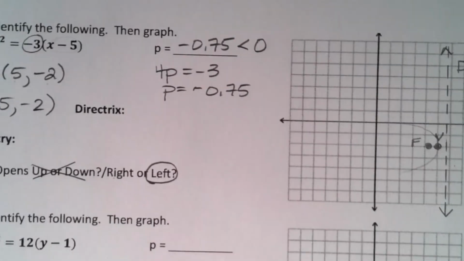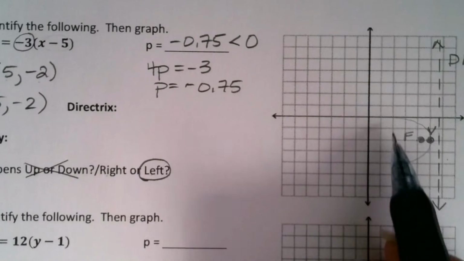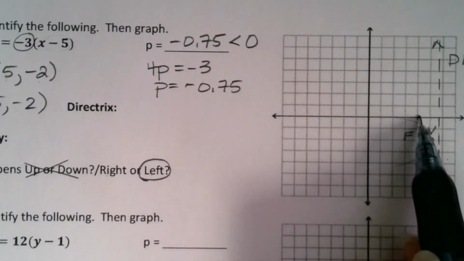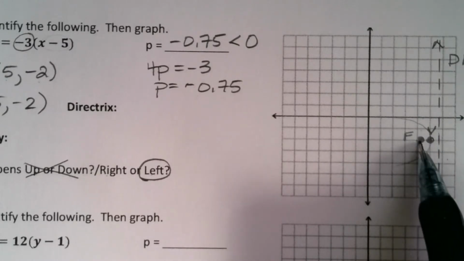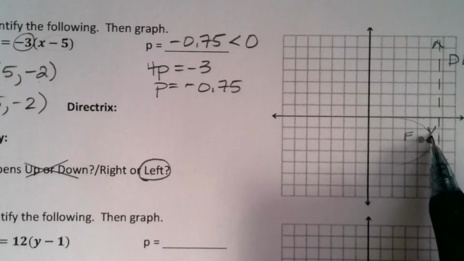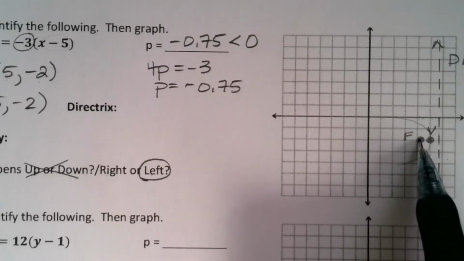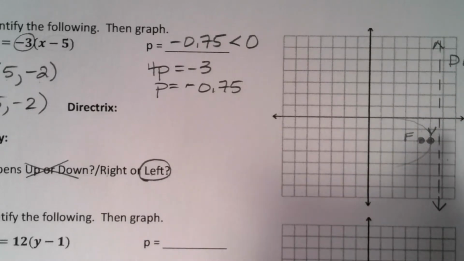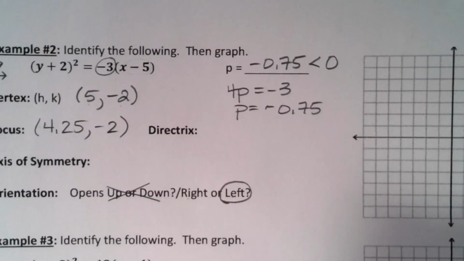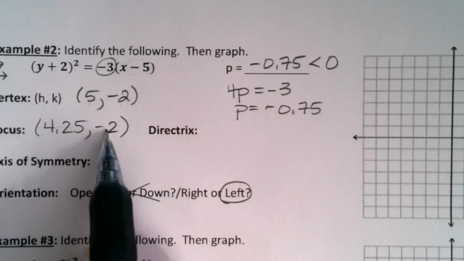Okay, so let's go look at that visually. 1, 2, 3, 4, and then I had to go a little bit more to the right, 0.25, and then I still went down negative 2. So you can either do 5 minus 0.75, or just count 4, and I know I had to go a little bit further, which is 0.25. So that's where I got this, 4.25 negative 2.